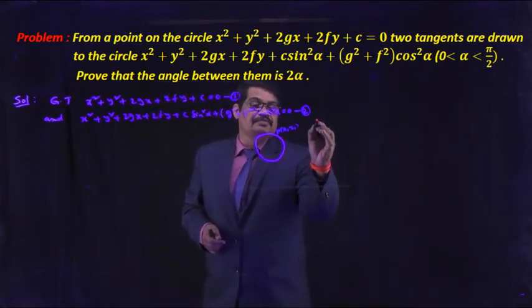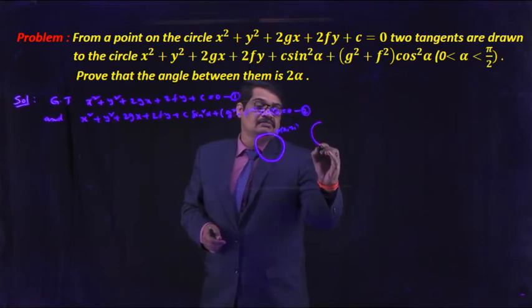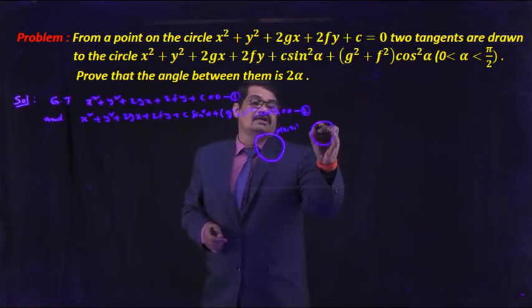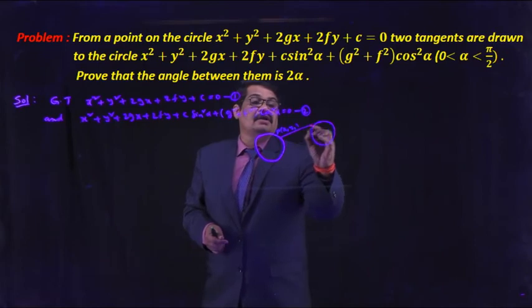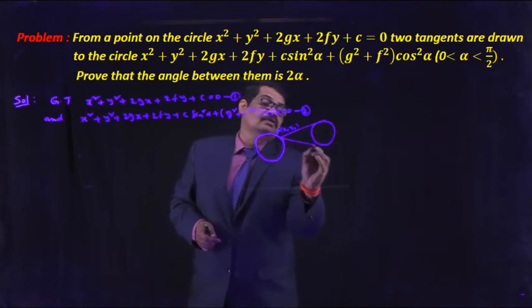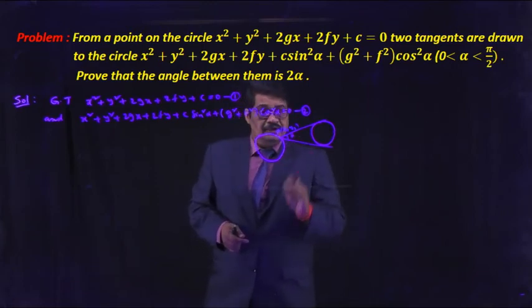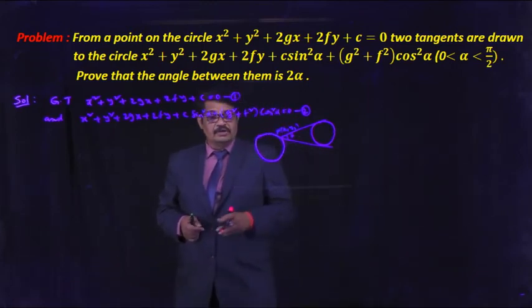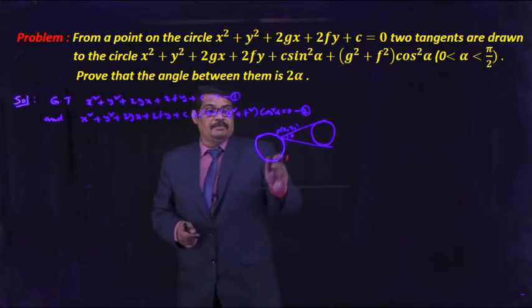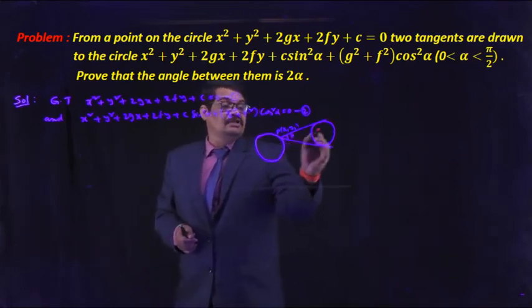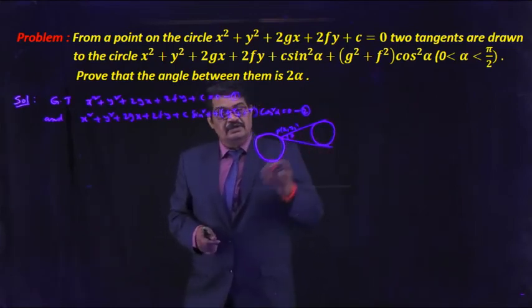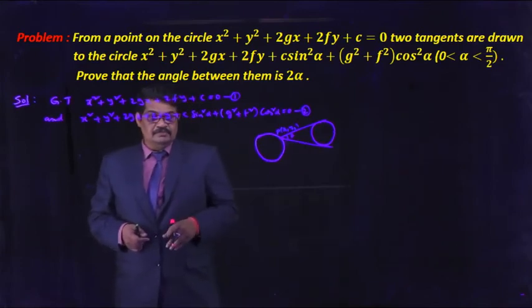So this is the second circle. The angle between the tangents is 2 alpha. Now we have to prove that the angle between the pair of tangents from P to the circle, that is theta, is 2 alpha. That is our problem.